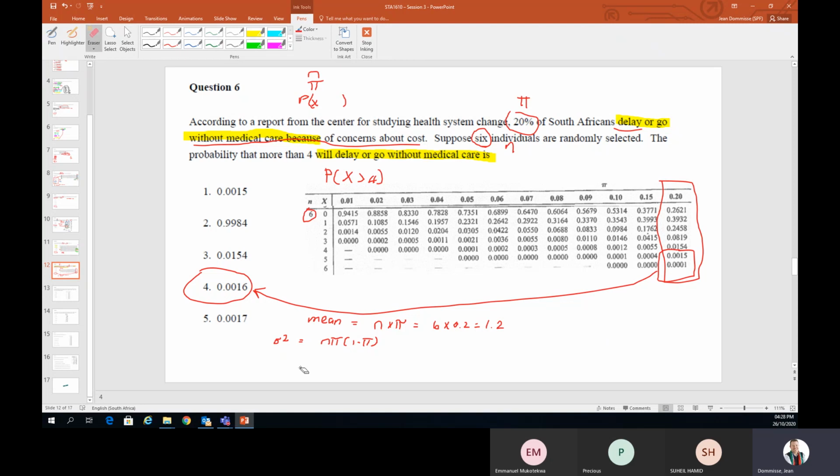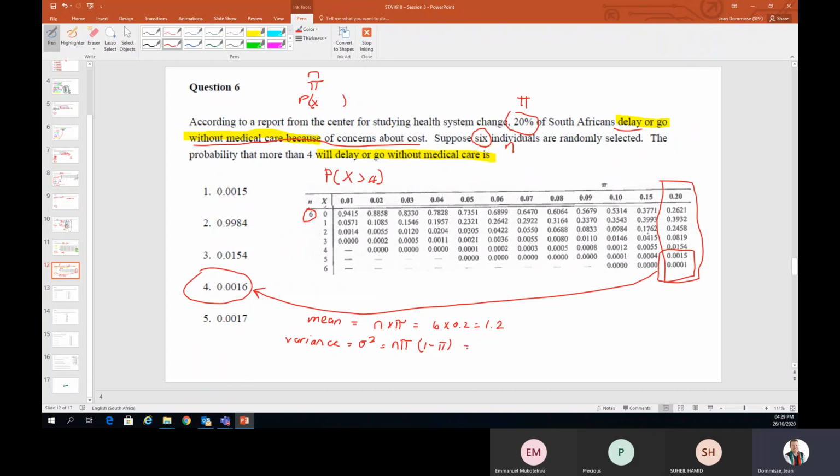Then I think what we always need to be wary of is, what do they ask if I want variance or standard deviation? So if I ask variance, and that is the formula that's in the book as well. So if I ask variance, it is the mean, so it is n times pi times 1 minus pi.